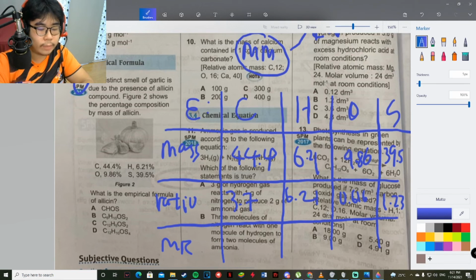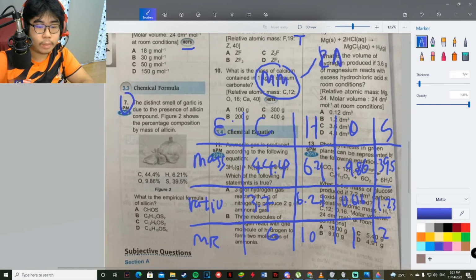So 3.7 divided by 0.616 is actually 6. 6.21 divided by 0.616 is actually equal to 10. Then 0.616 divided by 0.616 is 1, right? And 1.23 divided by 0.616 is actually equal to 2.